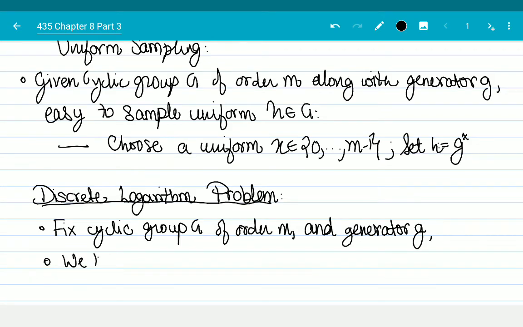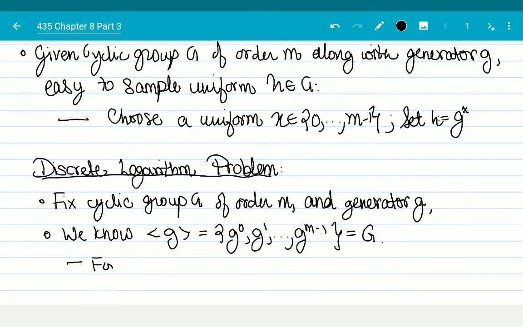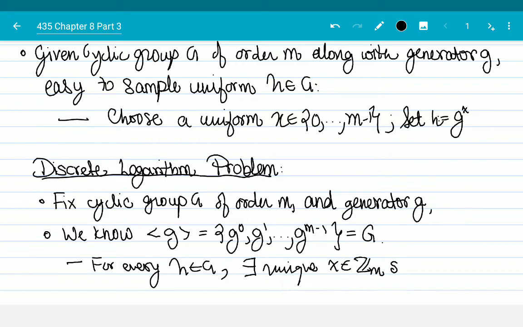We know that the subgroup generated by g, which is g to the 0, g to the 1, dot dot dot, g to the m minus 1, is equal to G by definition, which is to say for every h belonging to G, there exists a unique x belonging to Z_m such that g to the power x is equal to h.